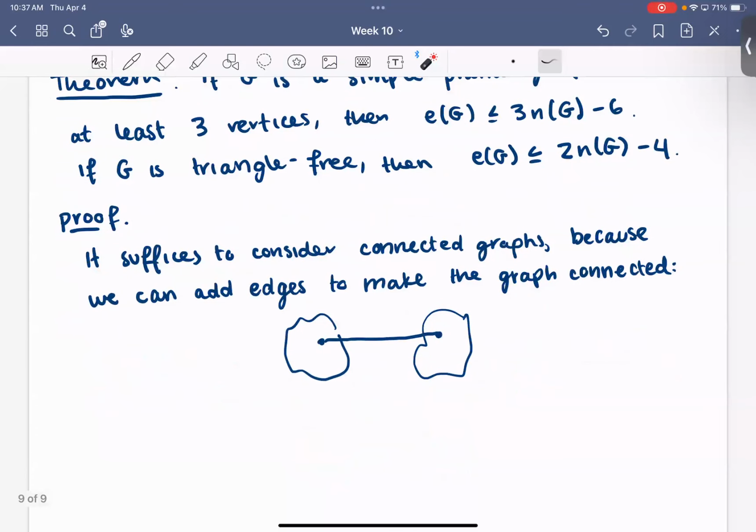Now our goal, so we want to get a relationship between n of G and E of G, and we want to use Euler's formula. So we need to get rid of F somehow.